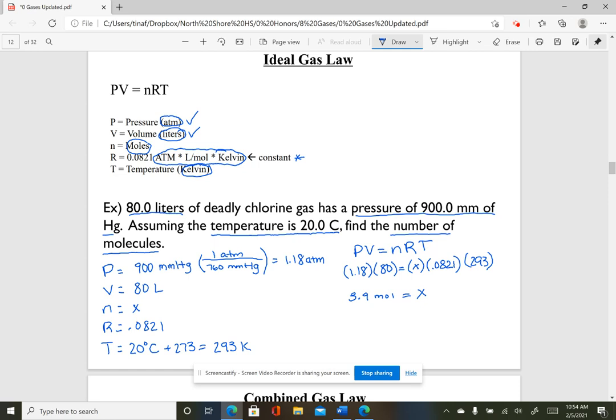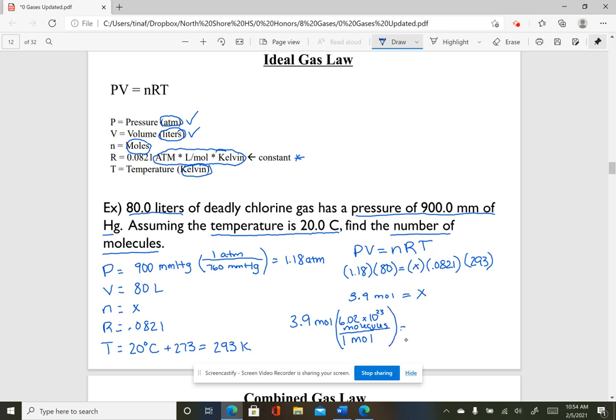Okay. Now, what's super annoying about this question is that they're not even asking me for moles. They're asking me about number of molecules. So we know how to convert from moles to molecules because we know that in 1 mole, there's always 6.02 times 10 to the 23rd molecules.